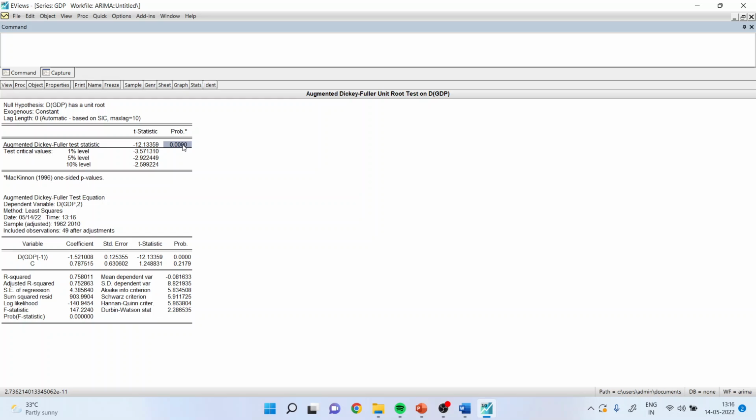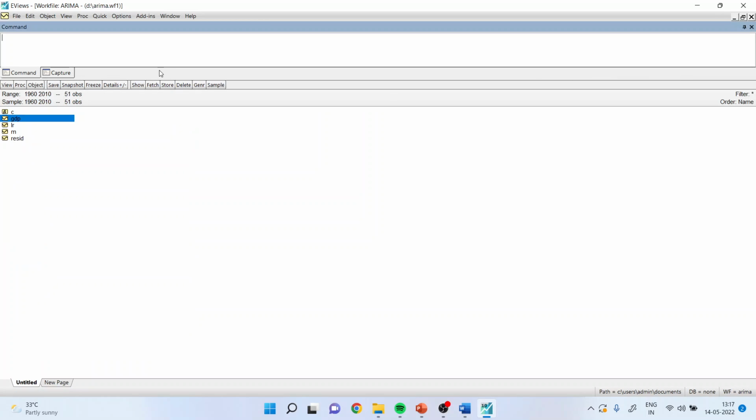Now, we have just tested when the series becomes stationary, but we have not generated the series. For this, we will have to generate the series. How we can do this? You will have to write one command, genr dGDP equals D(GDP,1).